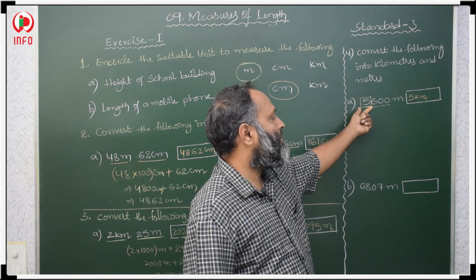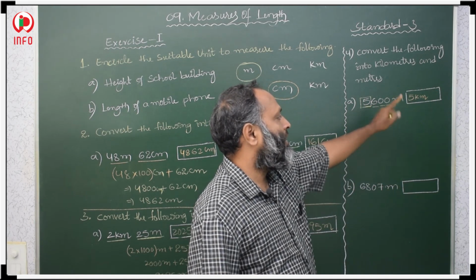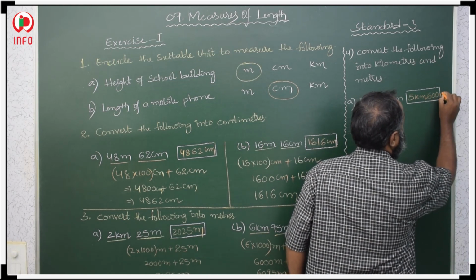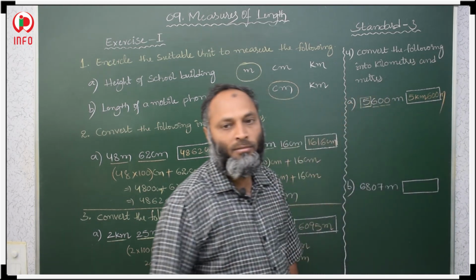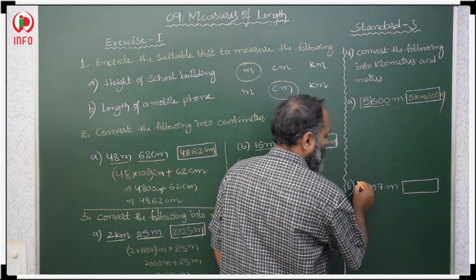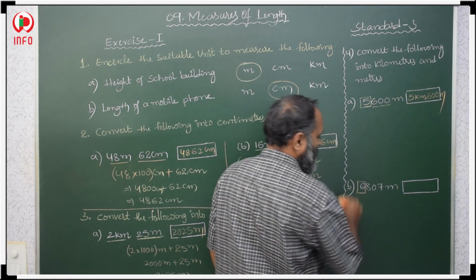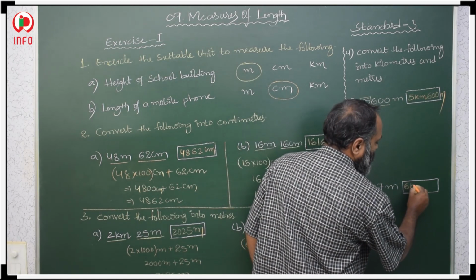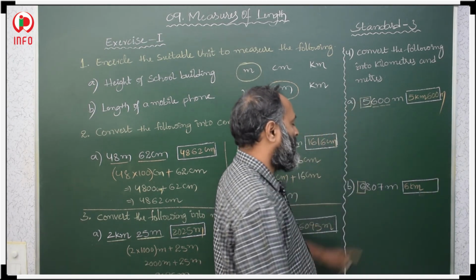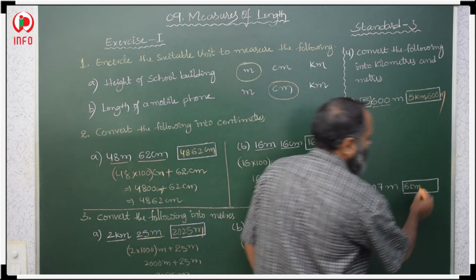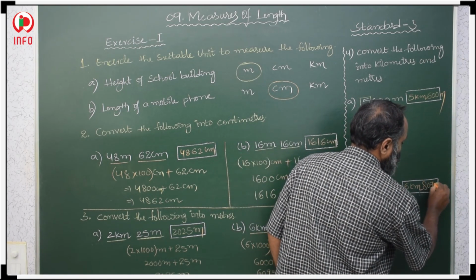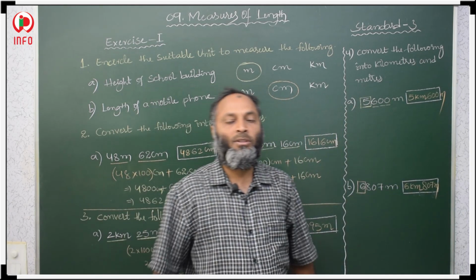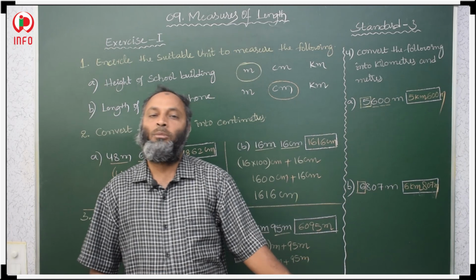After that the remaining part in meters, 600 meters, that is it. Now here also separate the thousands part, that is 6, and write kilometers, then after that 807 meters. Okay. This is the method to convert meters into kilometers and meters.